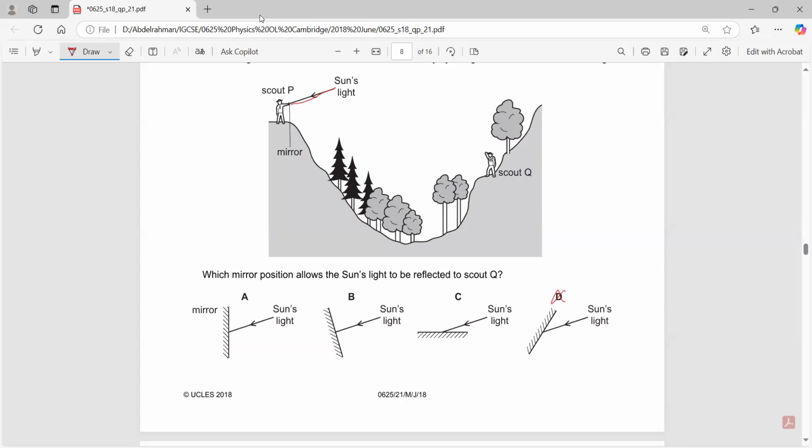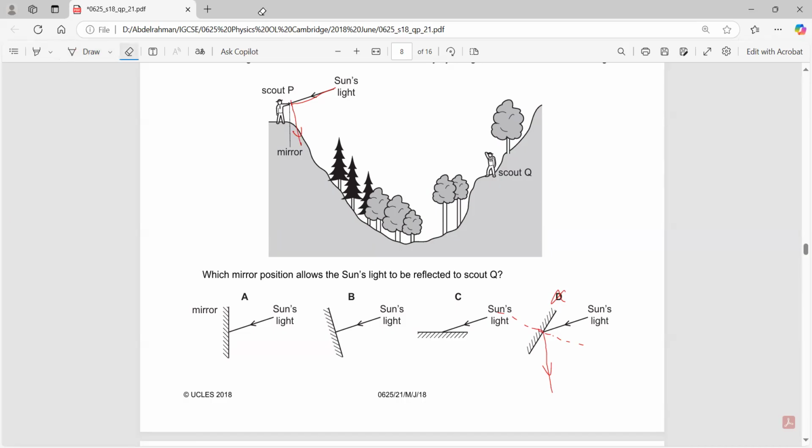Why? Because if the light is incident at this angle and you draw a normal, it will be reflected almost vertically downwards. This means that the light would hit the ground this way, which is wrong.